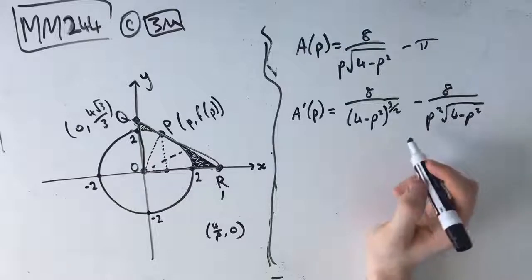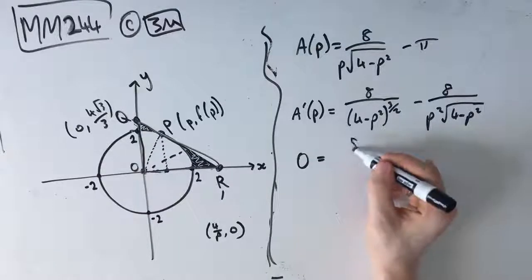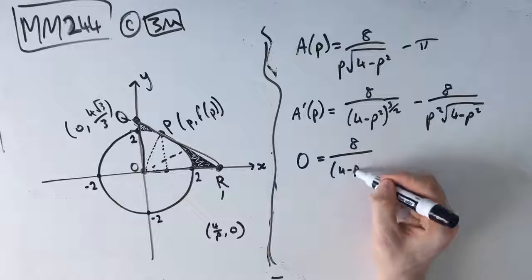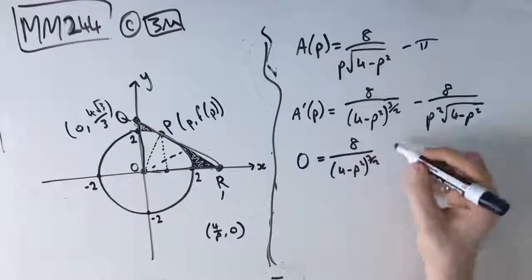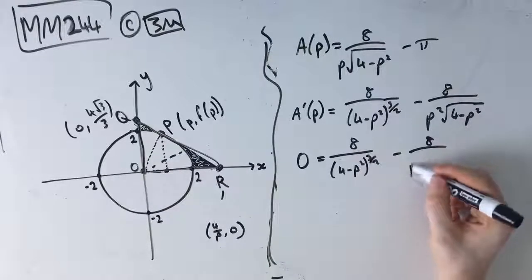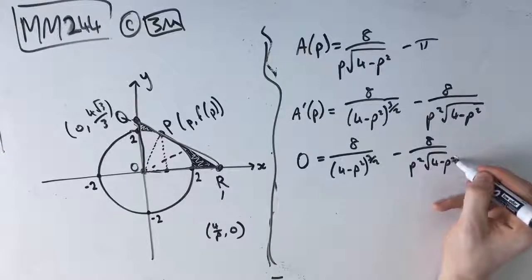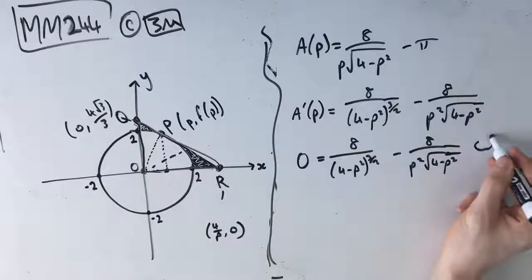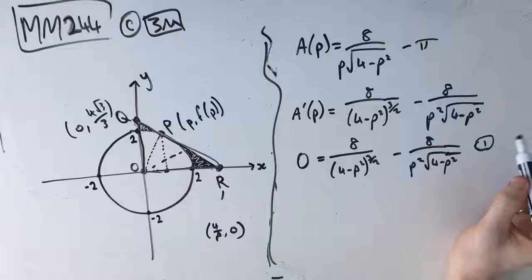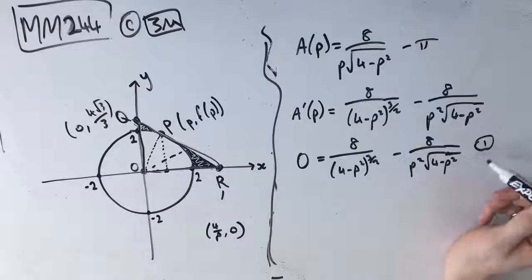Awesome. And then from here we know that this needs to be equal to 0 because it's at a stationary point, which means that this is now our first mark. So recognizing that we have to let our derivative equal 0 is our first mark.